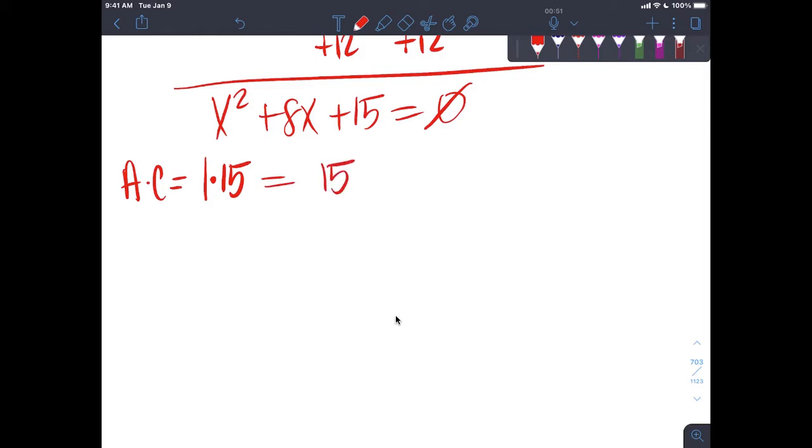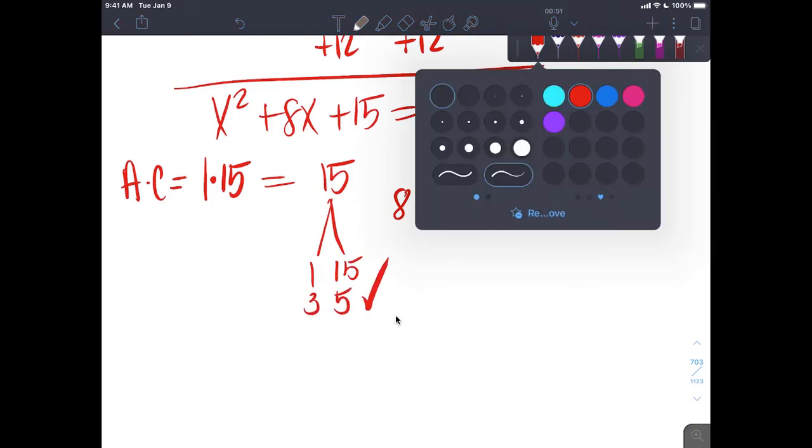So I need two numbers that will multiply together to give me 15, but when added together will give me positive 8. I'm going to make the assumption these are probably positive numbers because there's no negatives here. So I'll say, 1, 15, 3, 5. There we go. 3 and 5.